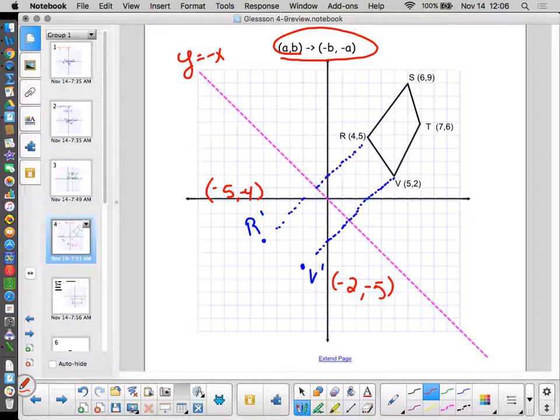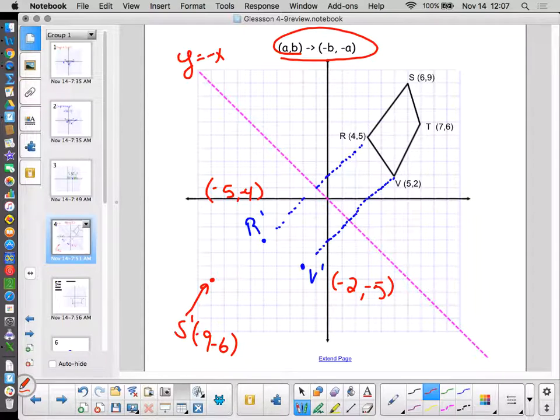Let's see, (-5, -4), yep. So where would S primed be? S is at (6, 9). Where would S primed be according to my rule? (-9, -6). Oh, that's going to be right there.